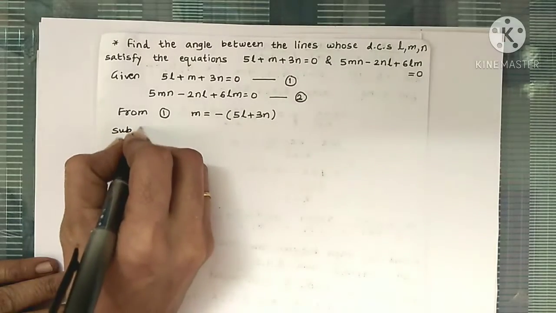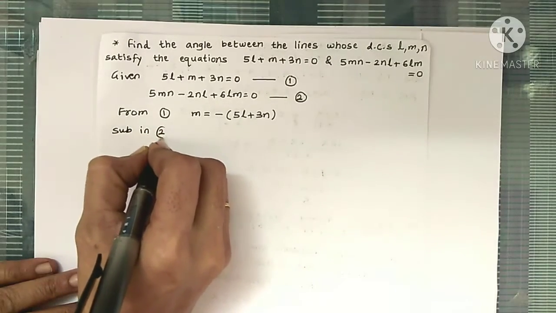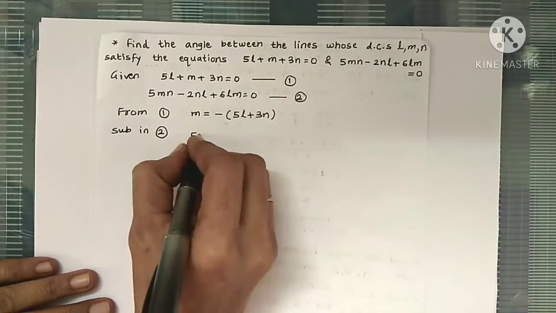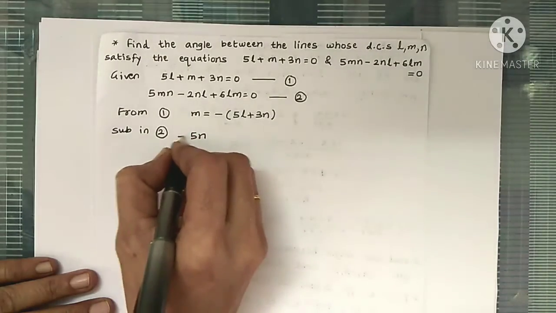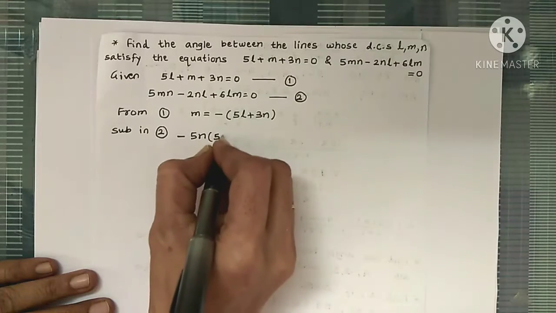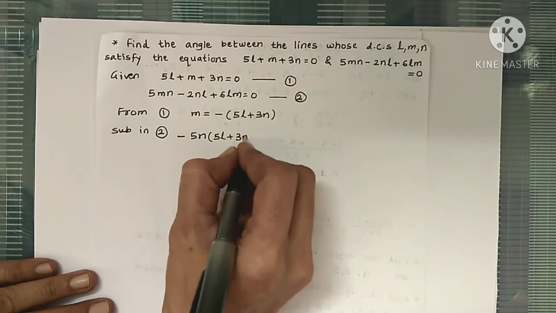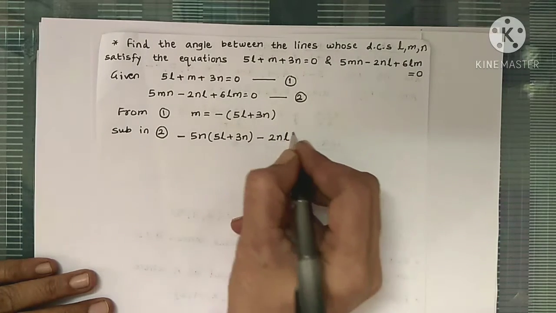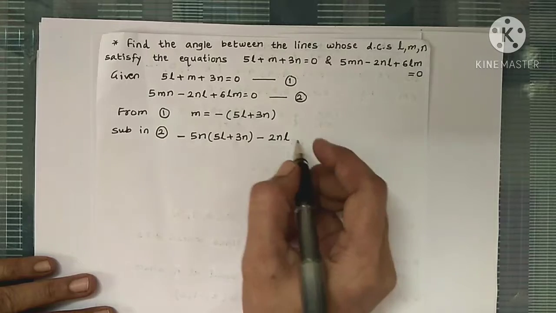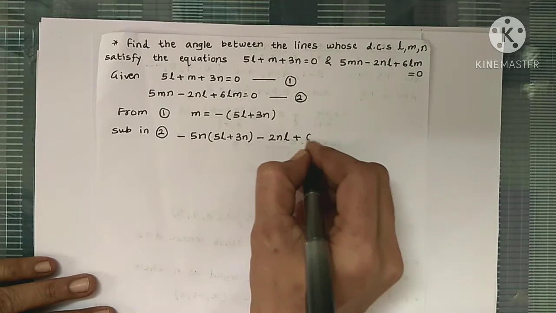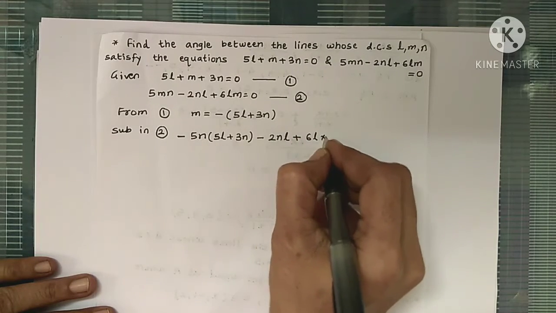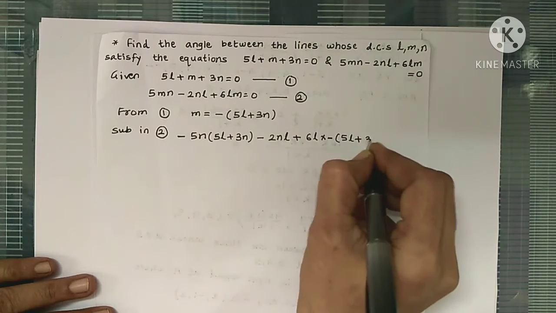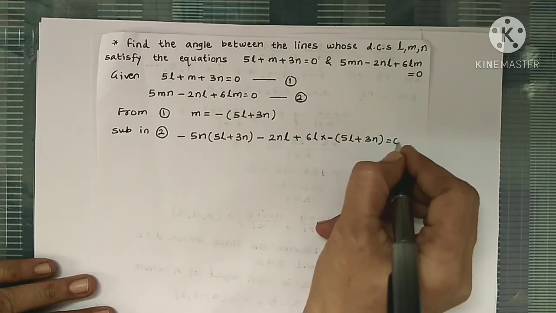Substituting in equation 2, we get 5n into m, where m is -5l - 3n, and the second term stays as it is, as it does not contain m. Then 6l into m, where m is -5l - 3n, equal to 0.